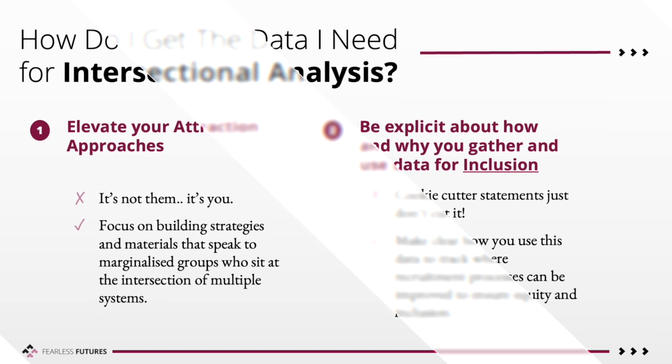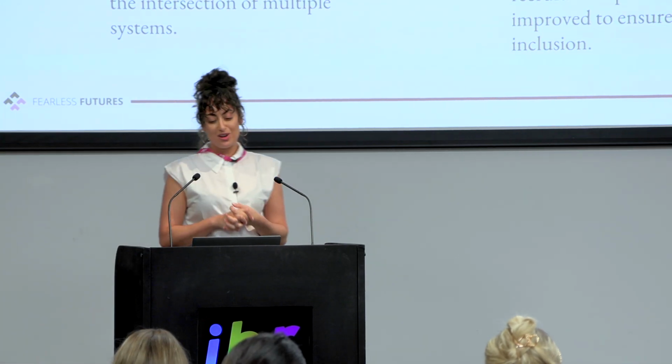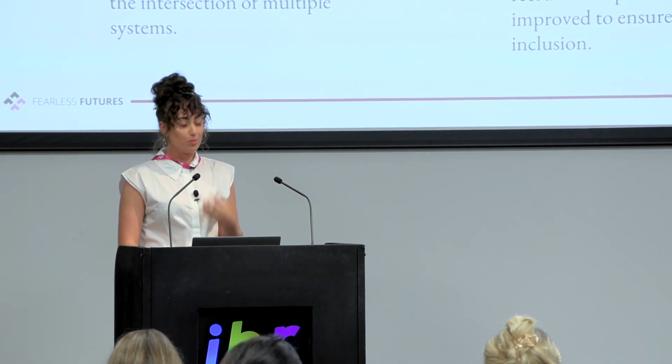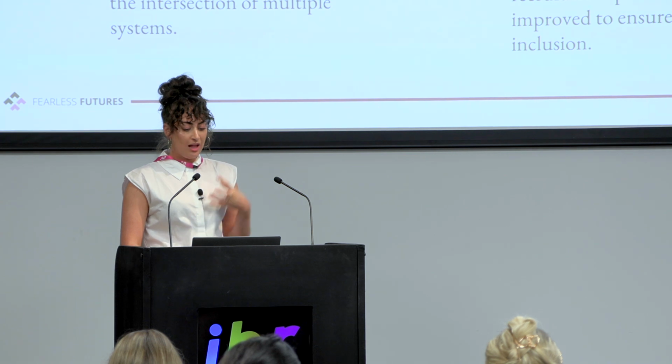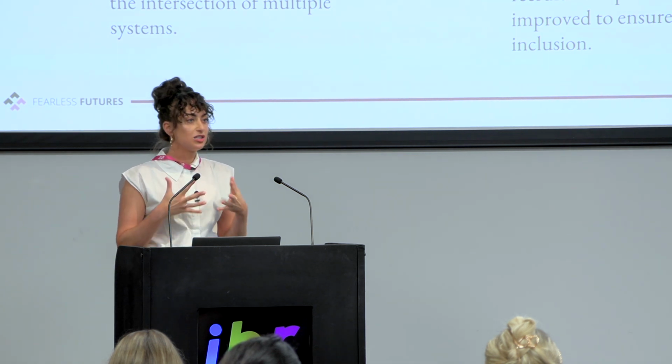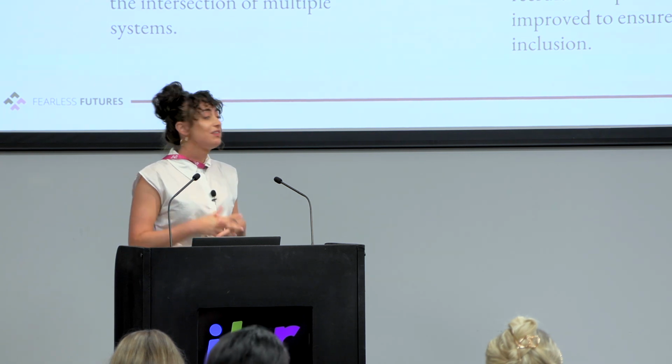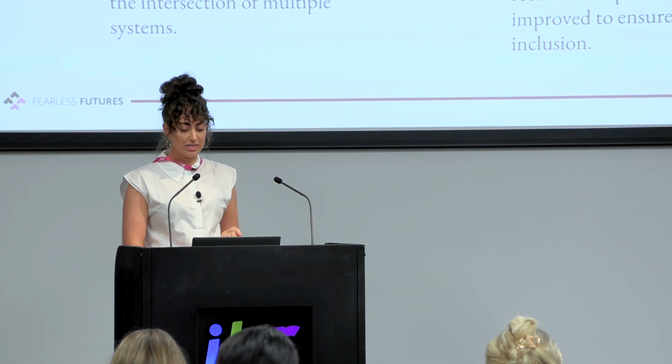What I have learned over the last couple of years is that organizations are actually often sitting on profoundly useful data that can be revealing and instructive about where to direct energy and attention and resource if holistic inclusion is what we are committed to.